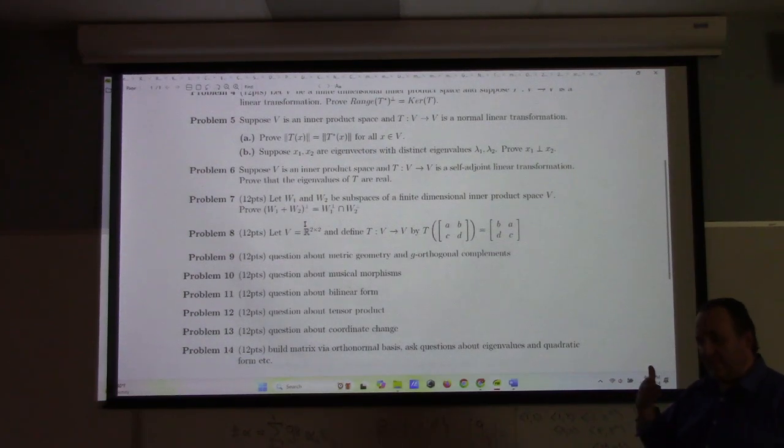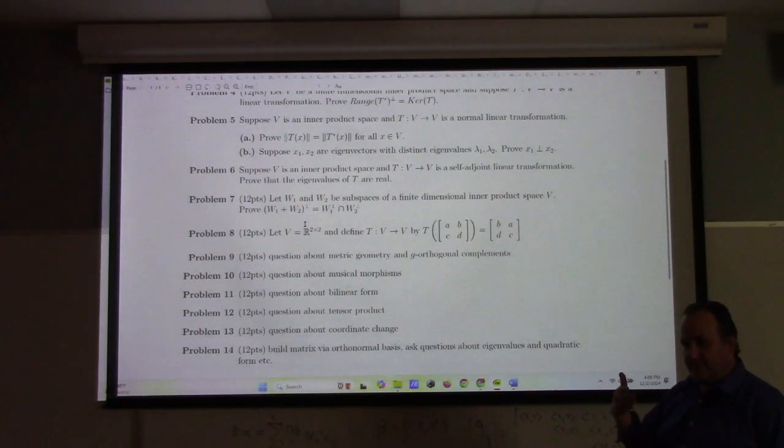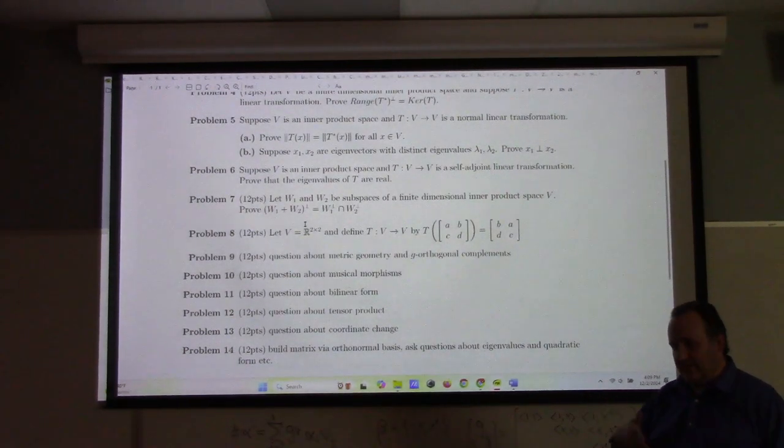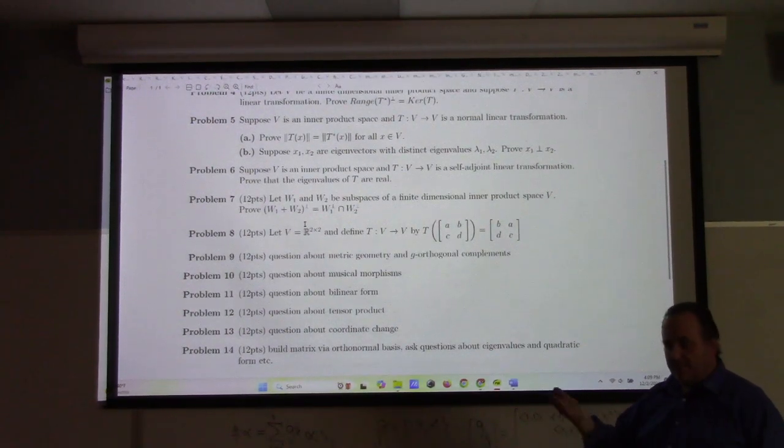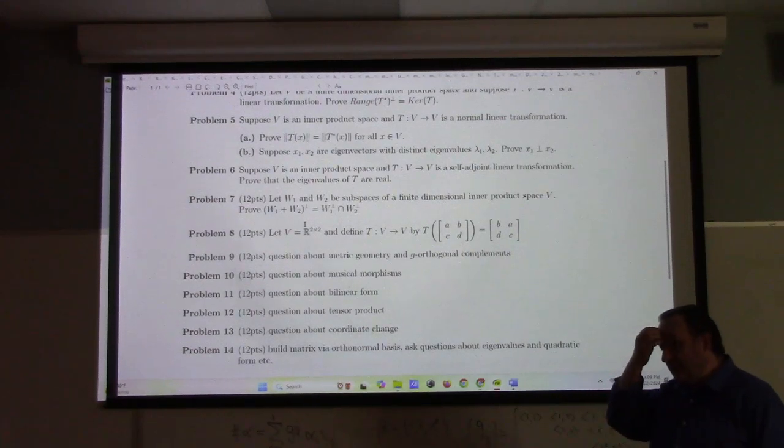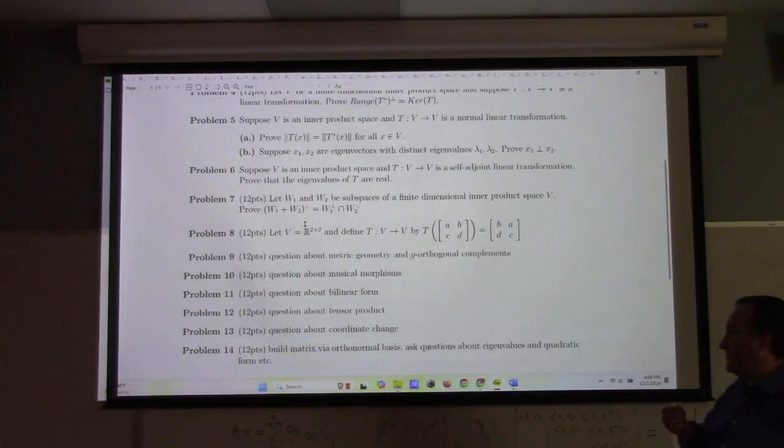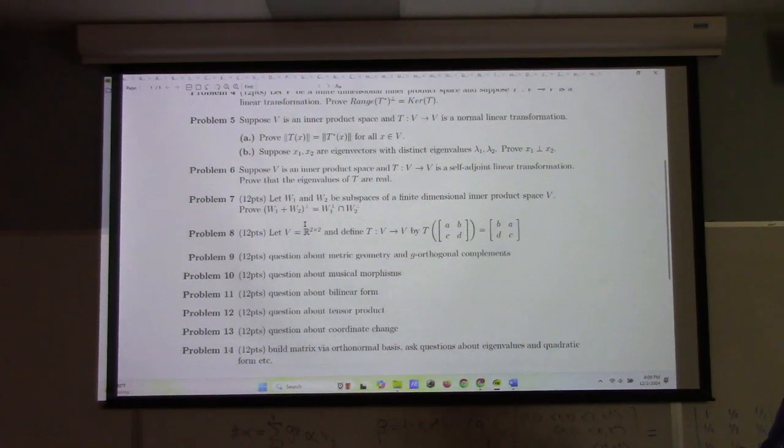But you should have already proved that W intersect W perp is 0. And as such, the dimension of W plus W perp is the dimension of W plus the dimension of W perp. But that's an n-dimensional subspace of an n-dimensional space, therefore it's the whole space. Therefore, W plus W perp is V. All right. So that's what Daniel's trying to goad me into putting on the test.